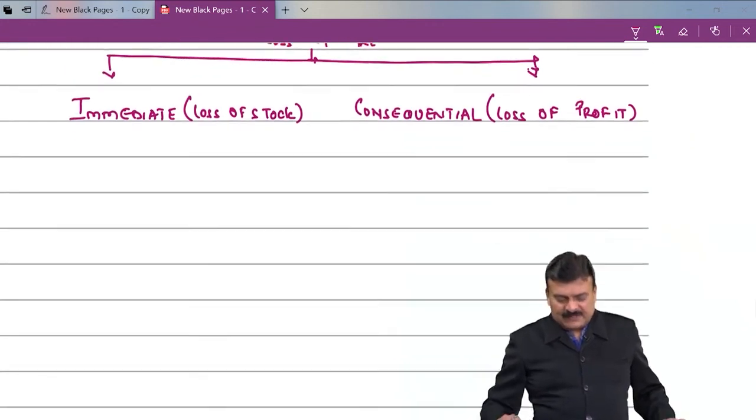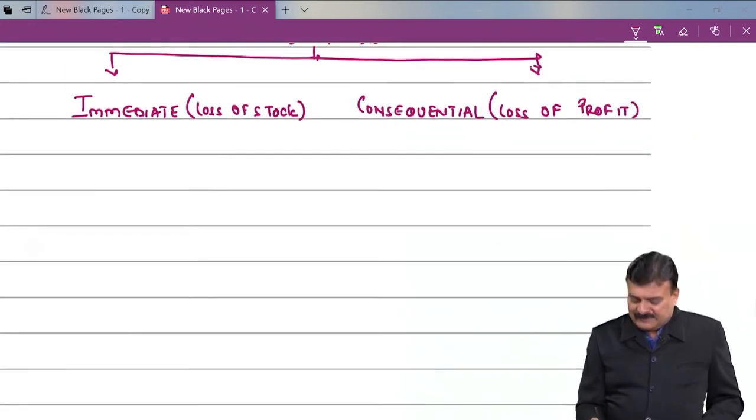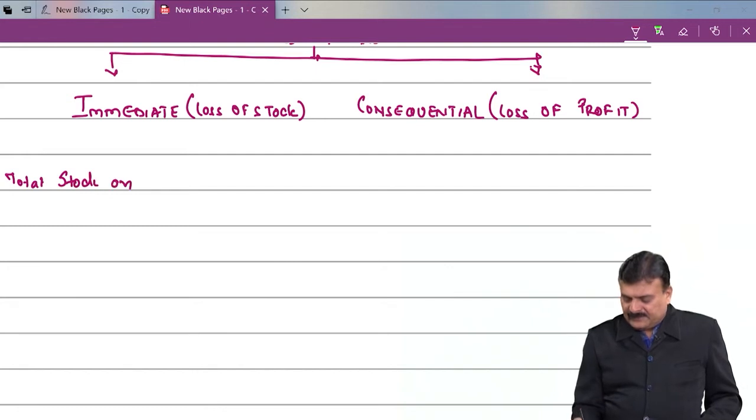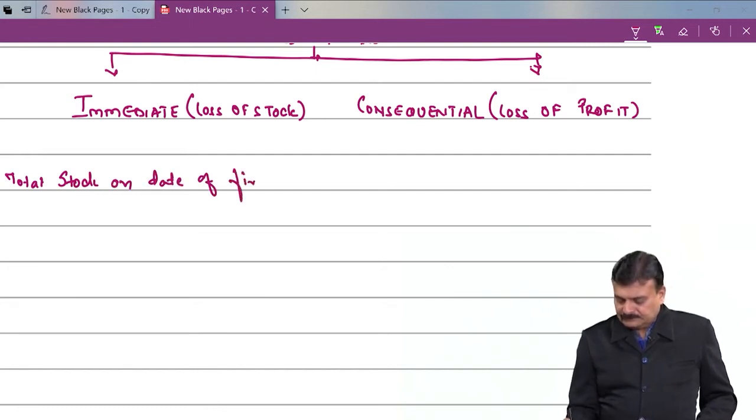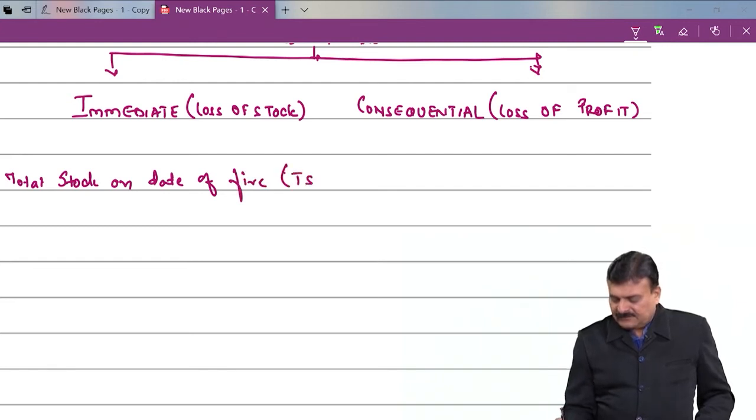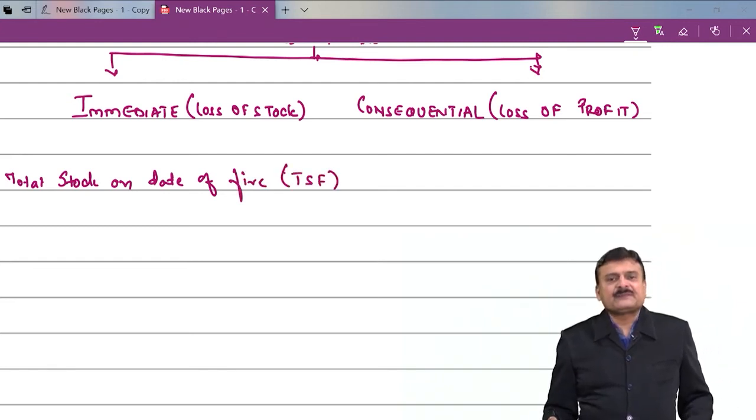So for example, he calculated and got the answer that total stock on date of fire, I shortly call it TSF, is rupees 10,000.